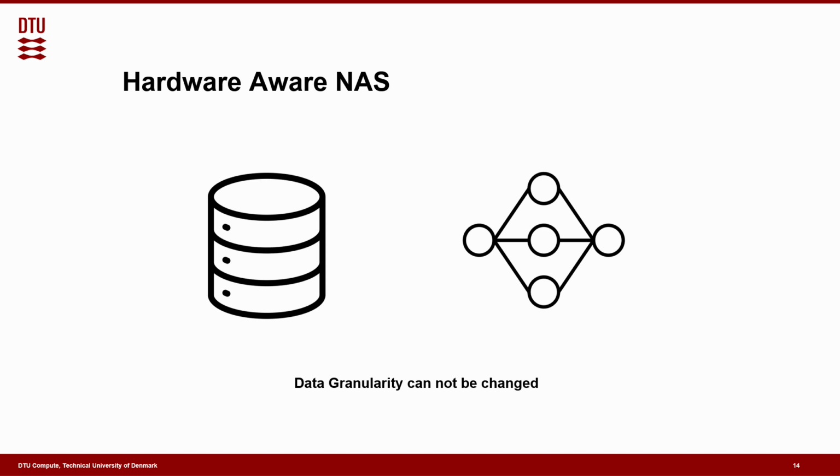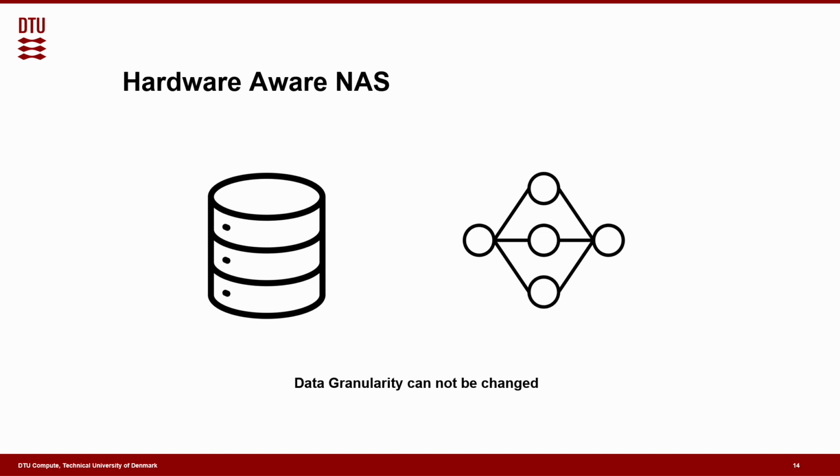So now we can try to take a little bit of a step back and consider the relationship between the size of the data, so how many resources are consumed by the data, and how many resources are consumed by the model for our traditional hardware-aware neural architecture search.